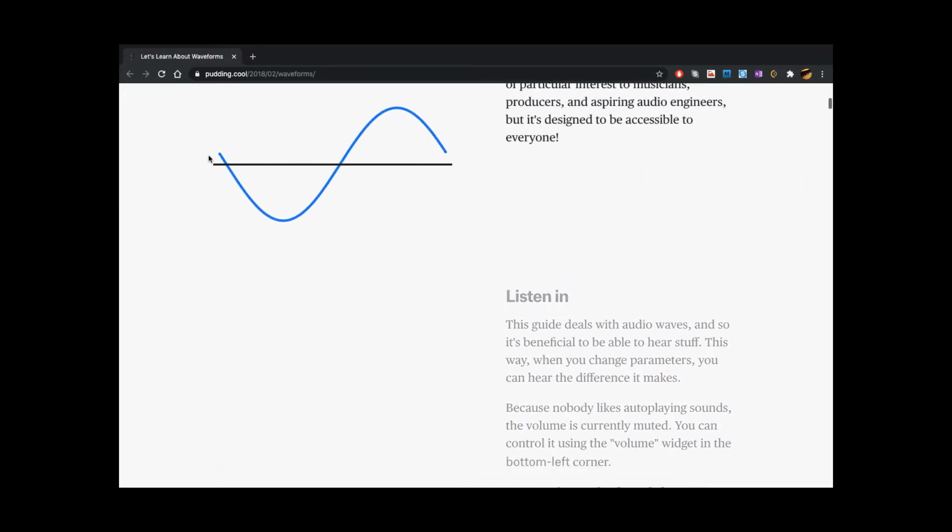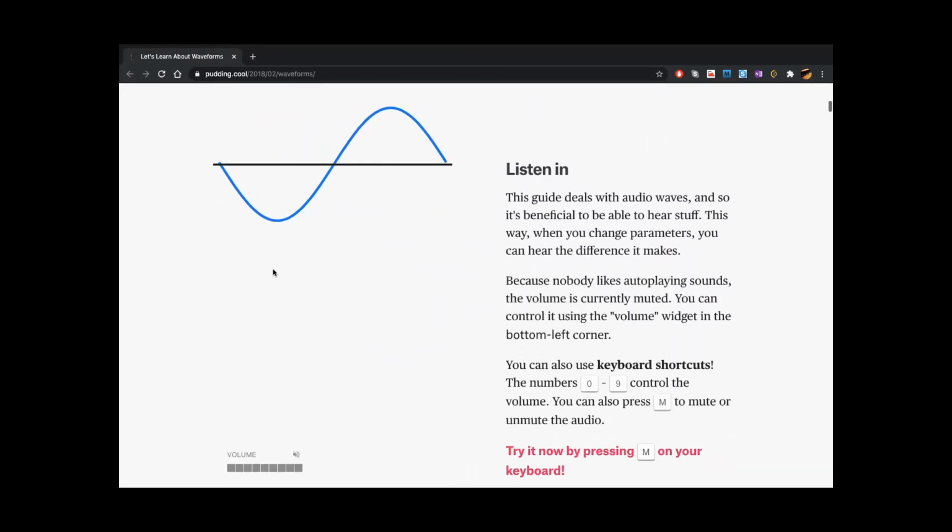What is a waveform? A waveform is basically any signal which is changing with respect to time. Let's say a signal like the temperature of the day. In the morning there is some temperature.